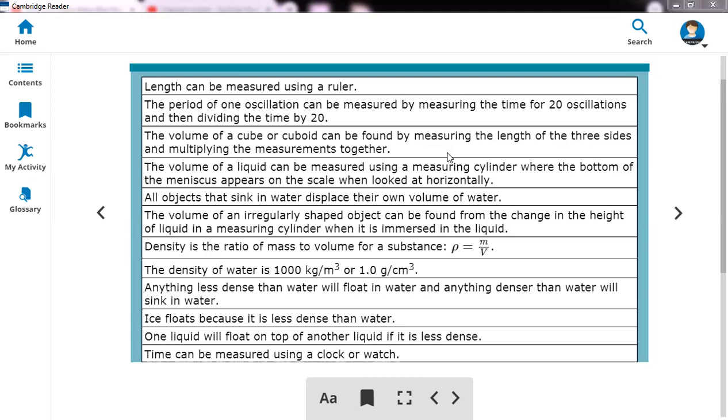We define density as the ratio of mass to volume of a substance. We also use different kinds of units for density, for example kilogram per meter cubed, because for volume we use cubes.